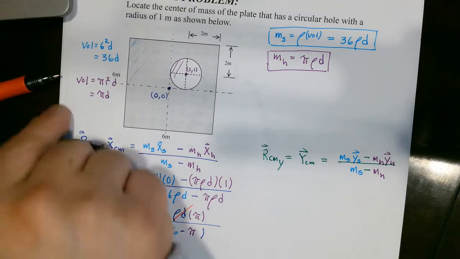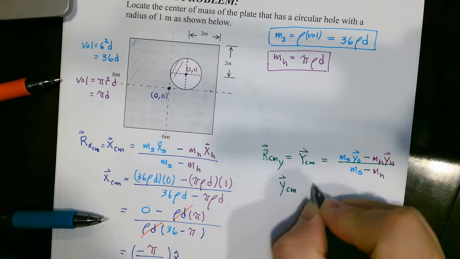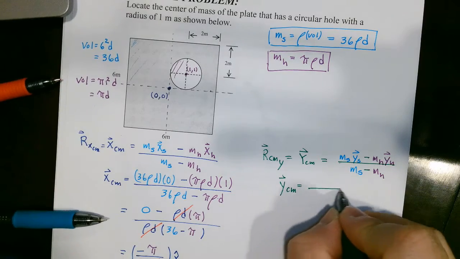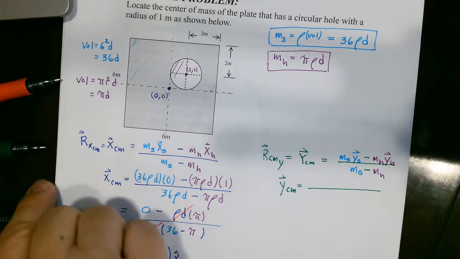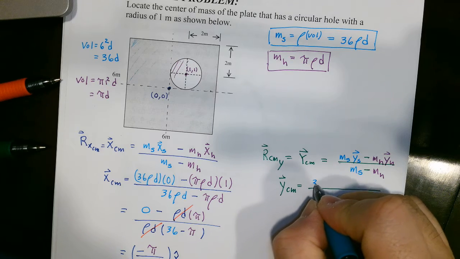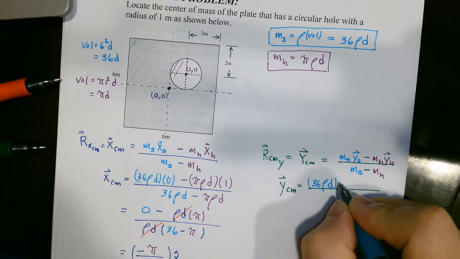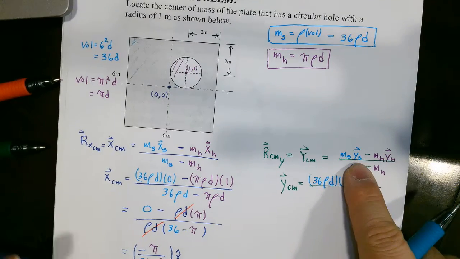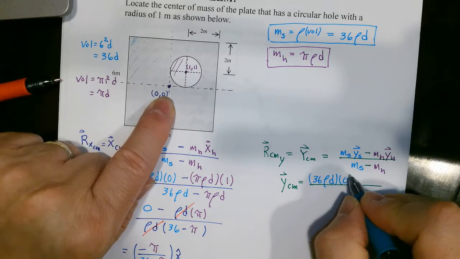Right? So here, my y sub cm is equal to, right? Again, here, mass of the solid is 36 rho d, right, times, what's my y coordinate of my center of mass? It's 0, right?